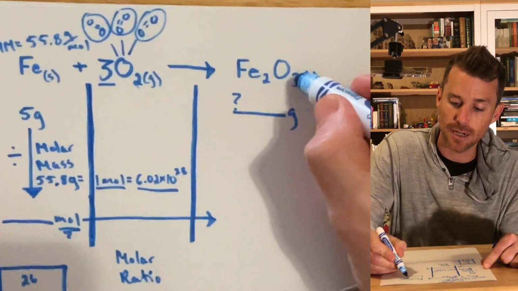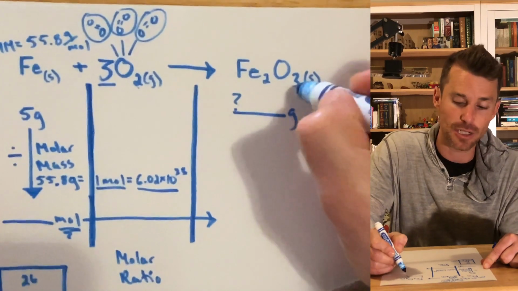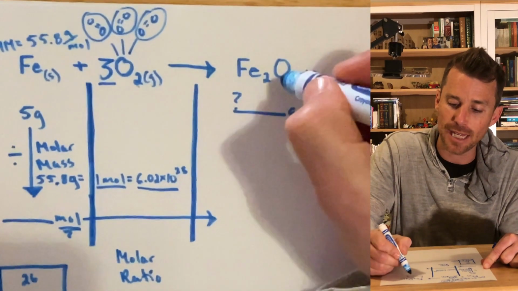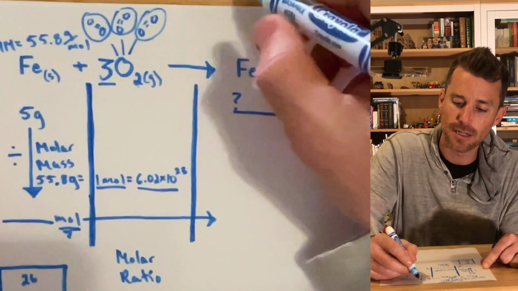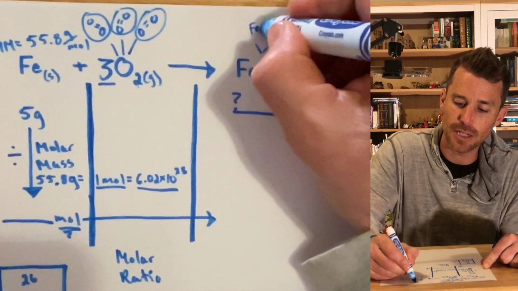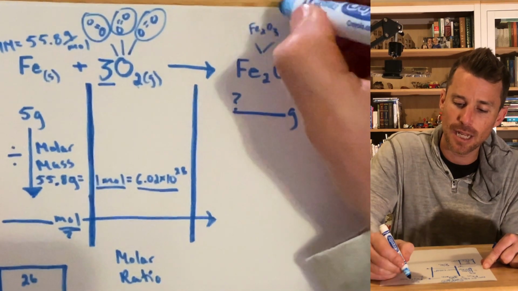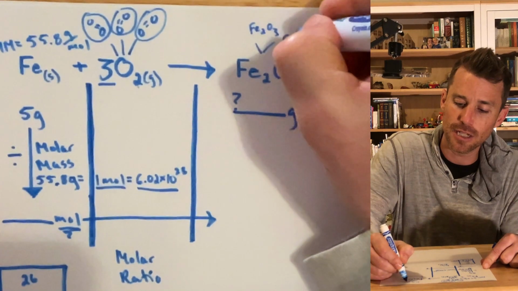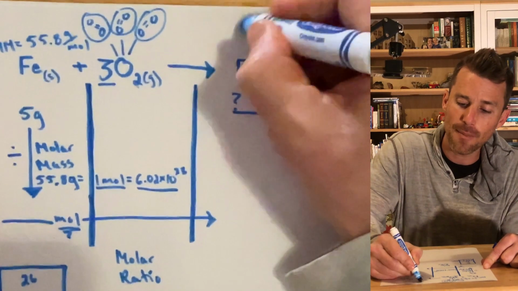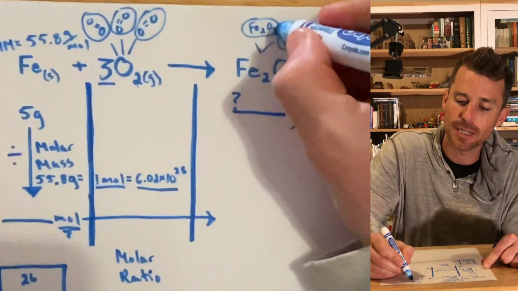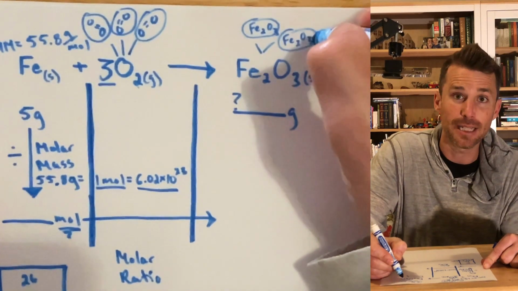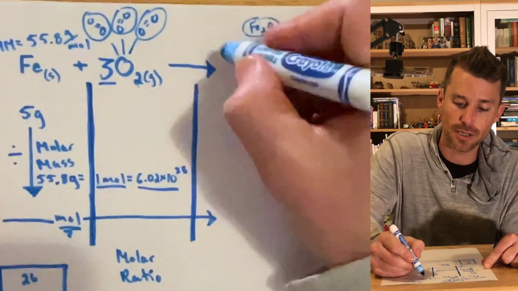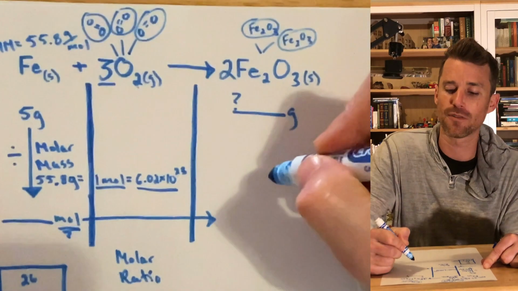Now over here, in order to get 6 oxygens, I'm going to need 2 of the Fe2O3, because the O3 and the O3 make 6 oxygens. So I put a 2 right out front.